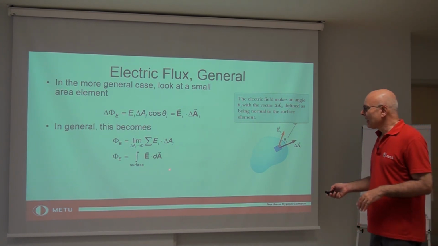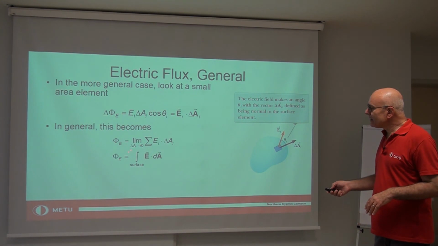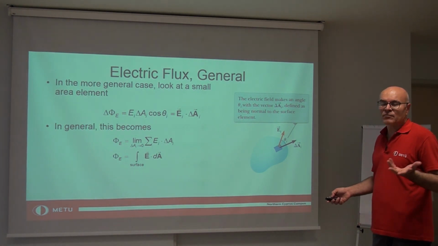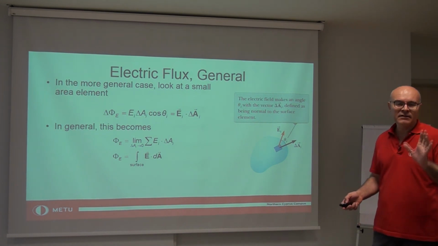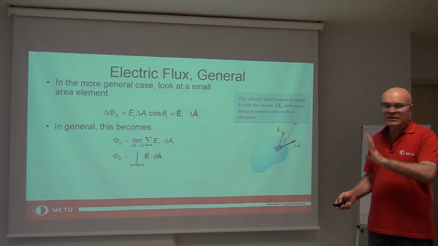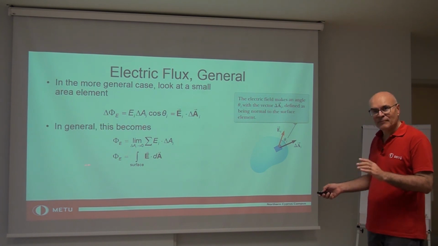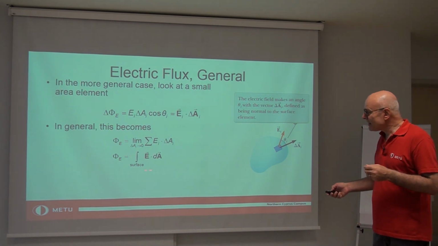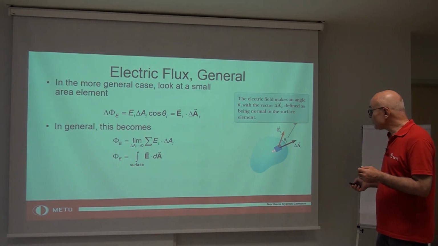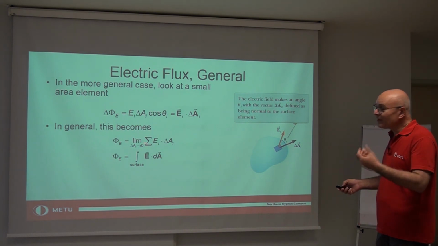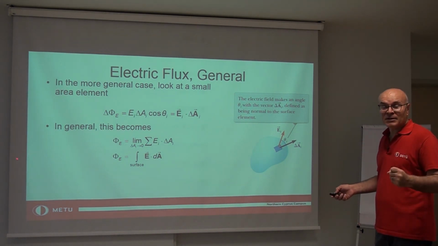Now, this integral is known in calculus, of course. It's an area integral. Even if you have not taken calculus at that level, this is not a problem. You just need to understand that this integral means the sum of the flux through each area element when the area of each element becomes 0.